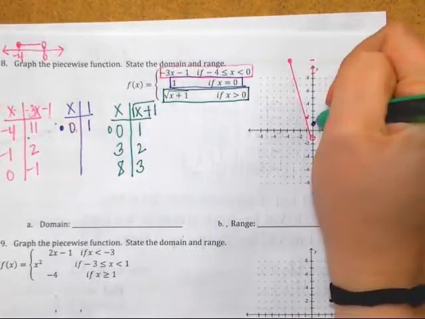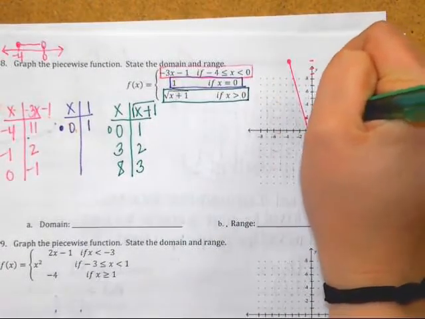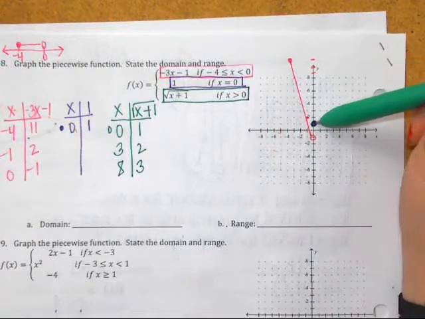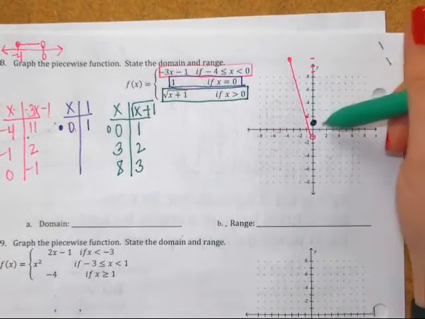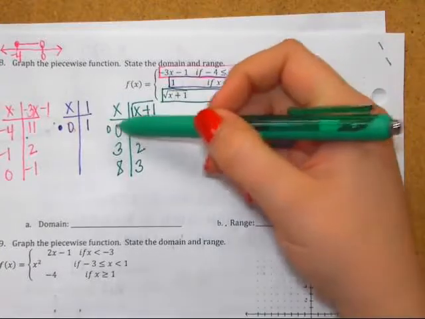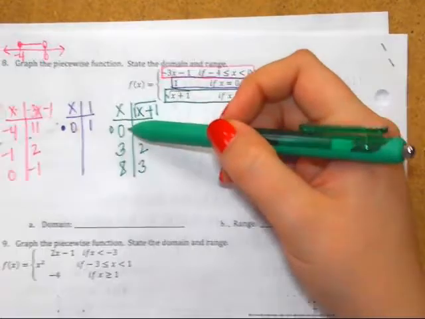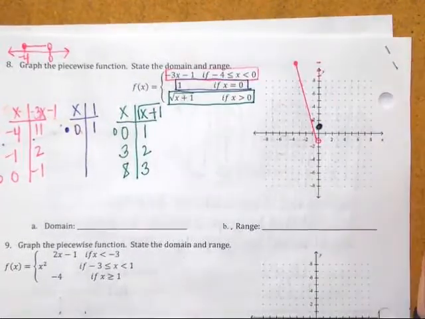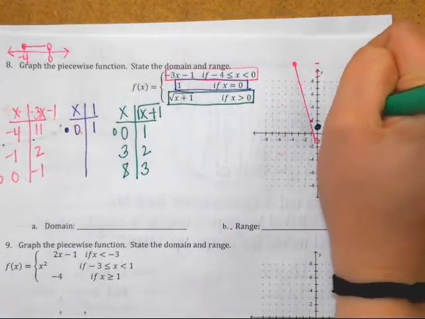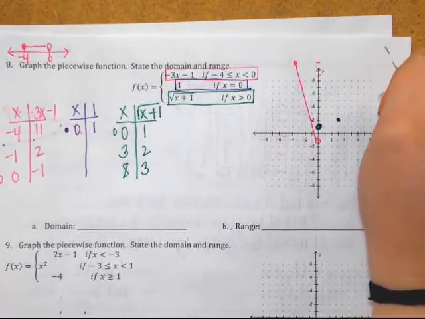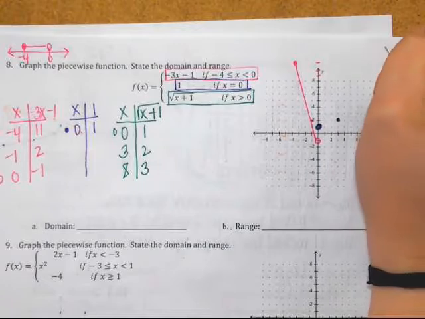So 0 is at 1. Now it's an open circle. When it's on top of a closed circle, it's closed. Sometimes it's nice for me to be able to see that, because then I know you know what you're doing. Okay, then 3 is at 2, and 8 is at 3.